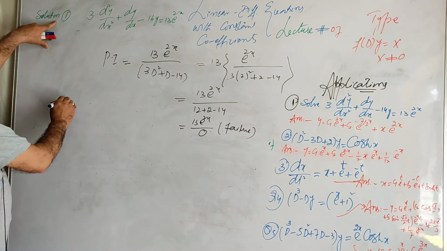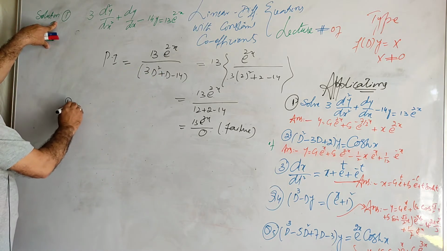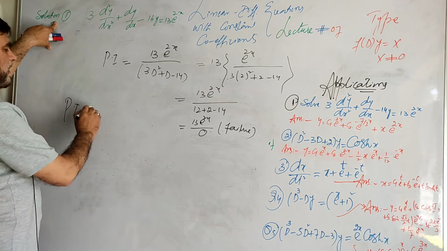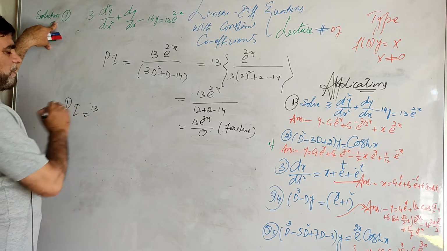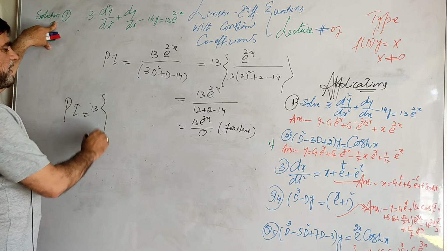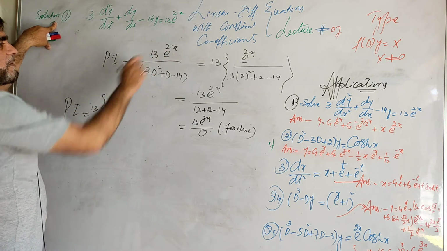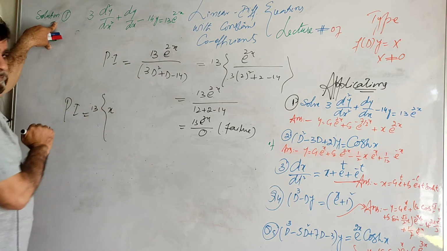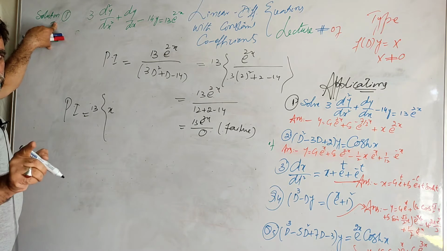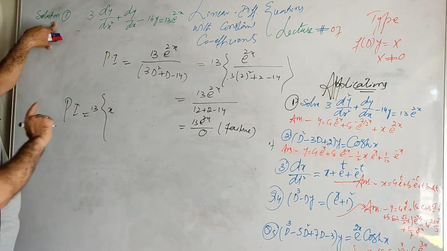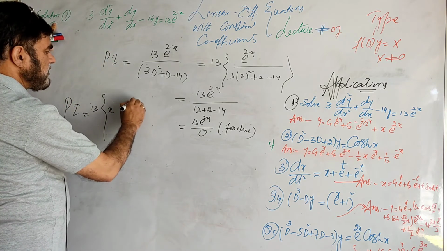Just look. Now in this case, the particular integral will be 13, which is constant, keep it out as a multiple constant. Then what we do is, here you write x, the independent variable which exists in the power. Then e raised to power 2x as it is.